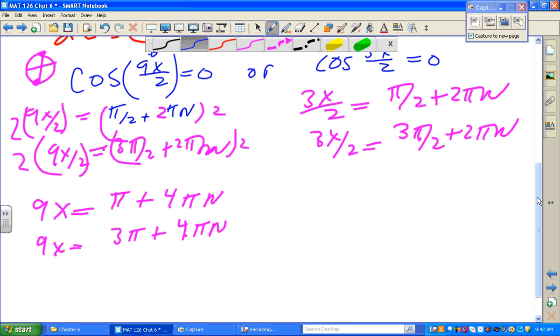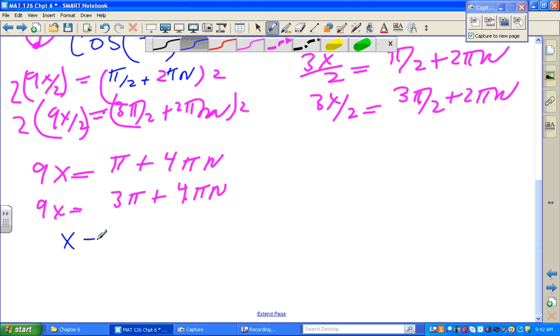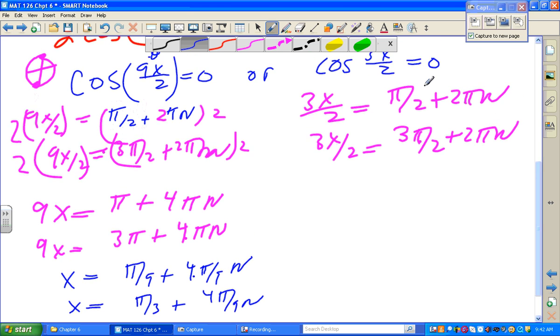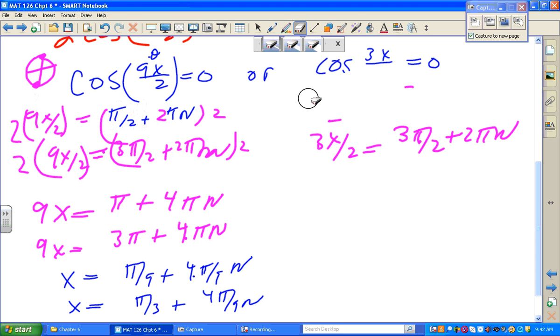So I end up with x equals pi over 9 plus 4 pi over 9 n. And the next one would be x equals pi over 3 plus 4 pi over 9 n. I know, isn't that great? On the left, I'm going to do one equation.